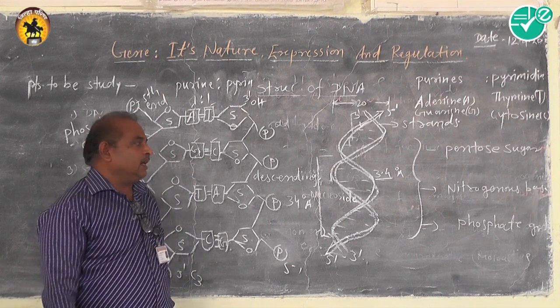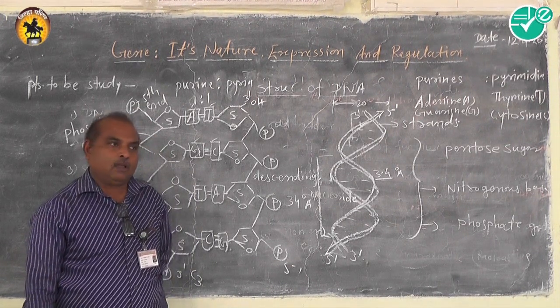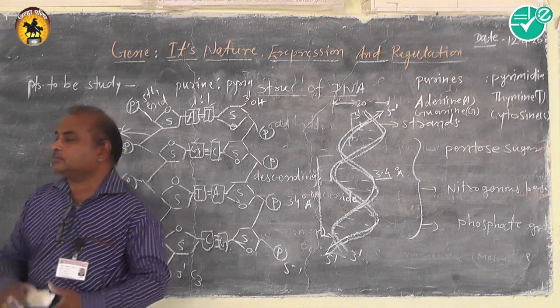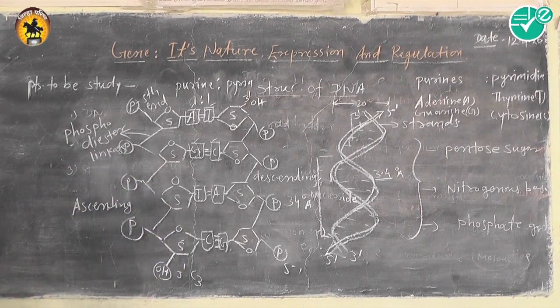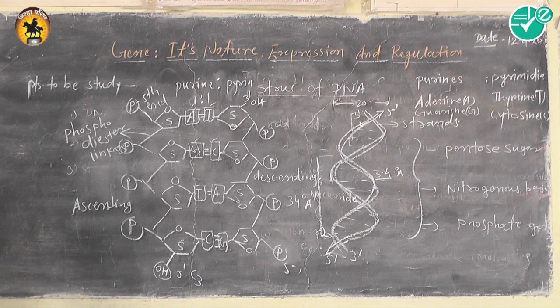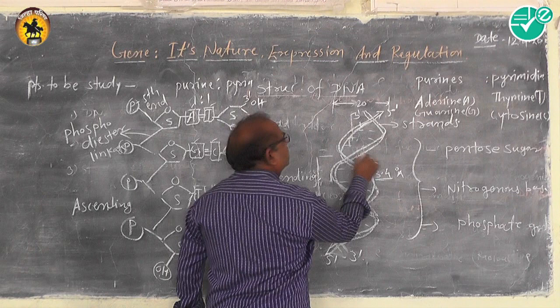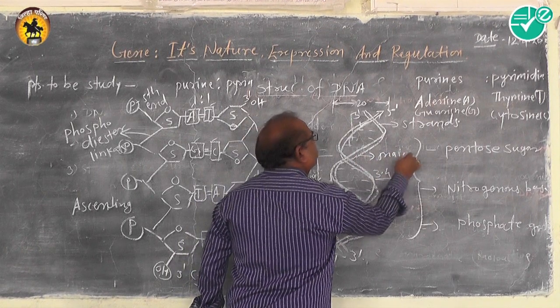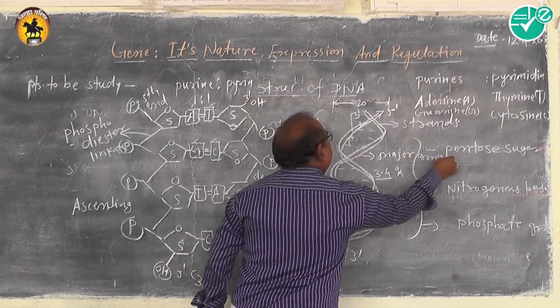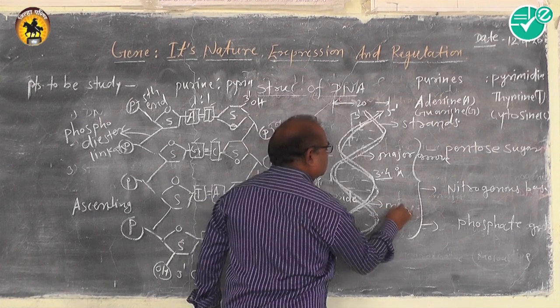Now this Watson and Crick model explains one more characteristic feature, that is major and minor grooves. See, this is the major groove and this is the minor groove.